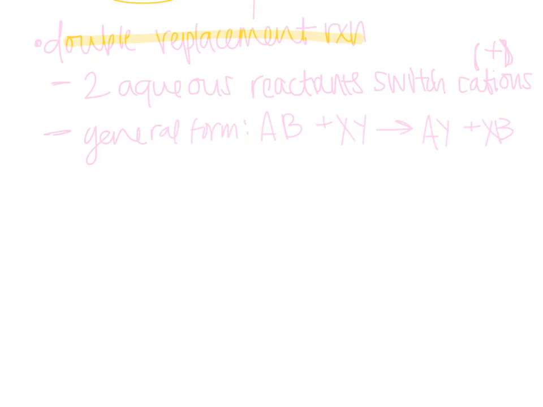So here you'll see we still have the A and the X in the front, and then just the B and the Y have swapped. Okay, so I'm just going to draw a little arrow. Those ones have swapped.